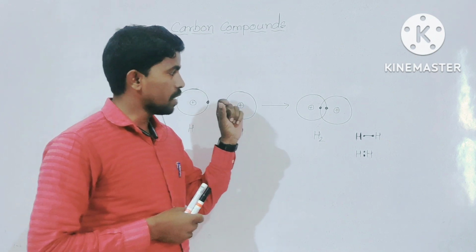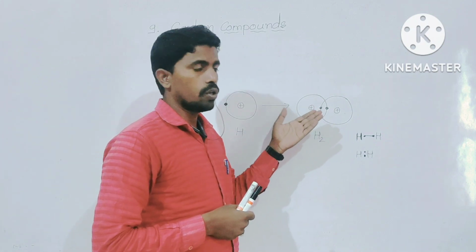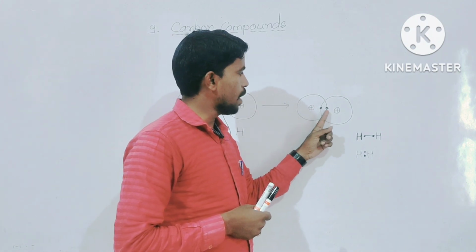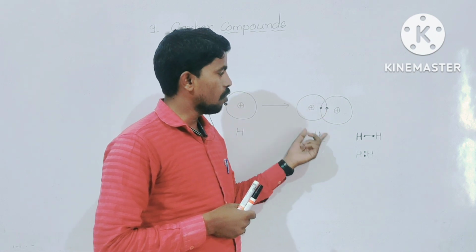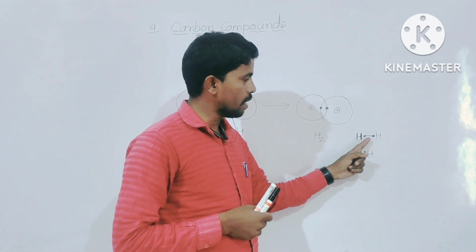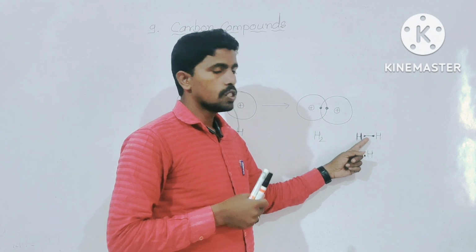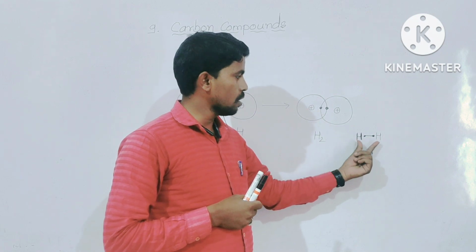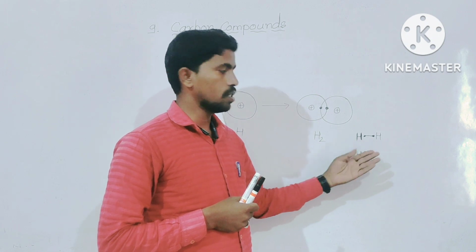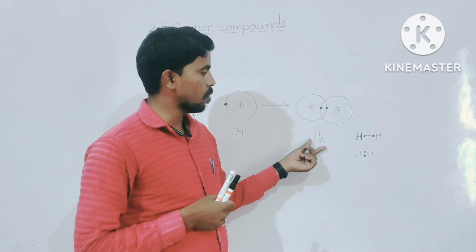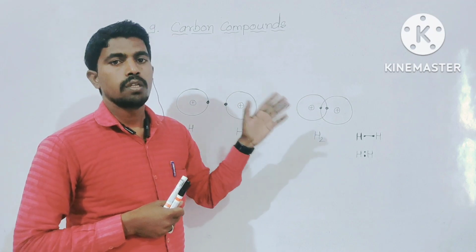Both share electrons with each other, forming the covalent bond. Here both share 2 electrons and form the covalent bond. This covalent bond is represented by a small line joining the symbols of hydrogen, and we can write the hydrogen molecule as H2.